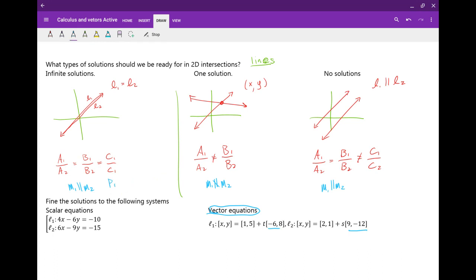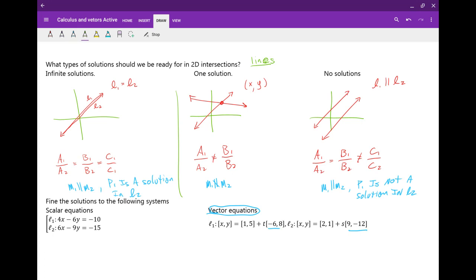Here, P1 is a solution in line 2. And here, P1 is not a solution in line 2. And you might be asking yourself, what do I mean by is a solution?